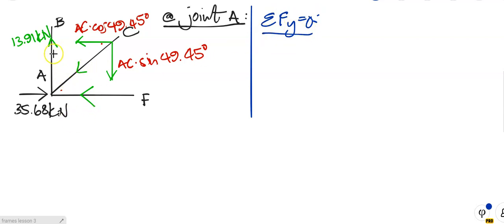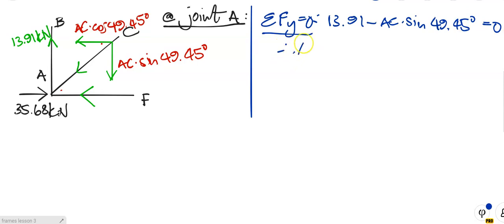That will be plus 13.91 minus AC sine 49.45 degrees. There's no more, so it's equal to 0.